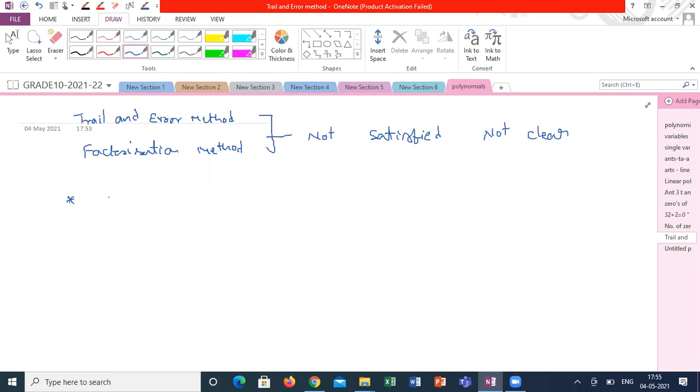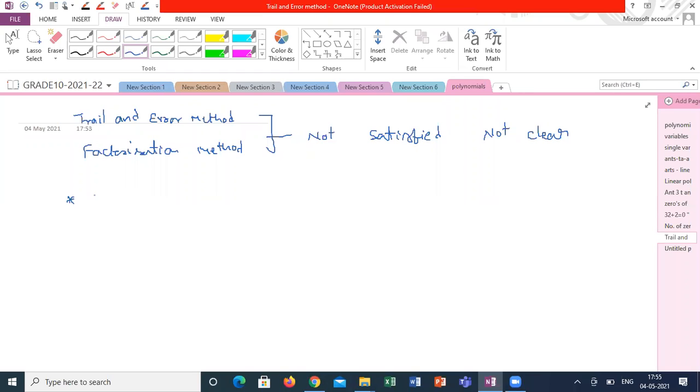Suppose I am defining a statement for natural numbers, it should be valid for all the natural numbers. I should not substitute only 10 natural numbers and say it is valid for all. So the factorization method and trial and error method are not satisfactory beyond some level.